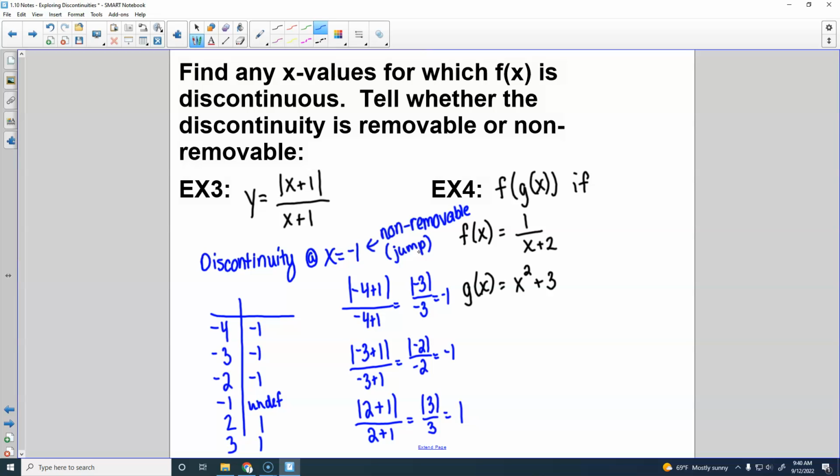All right, questions on that? If you see absolute value bars, that's usually what's happening. It's a question like that. You can think of plugging in some numbers. It's usually going to be a jump.